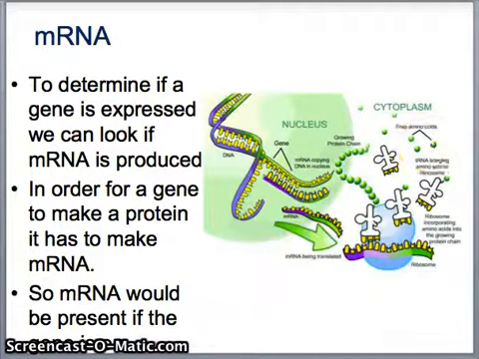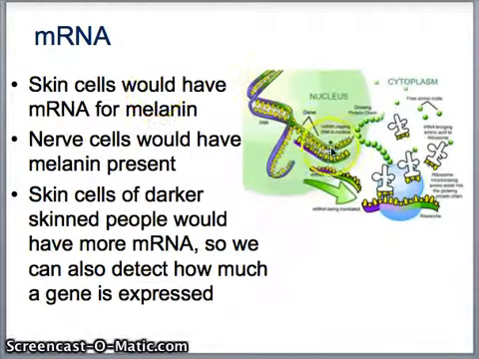In skin cells, if we take melanin, for example, you would see the mRNA present to make the melanin, so these amino acids can be put together to make the melanin. But in nerve cells, there would be no mRNA, so this part wouldn't happen. The DNA would stay closed here, there would be no transcription of mRNA, and so no protein being made.